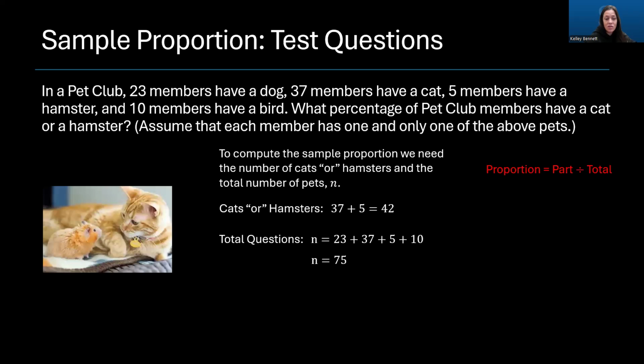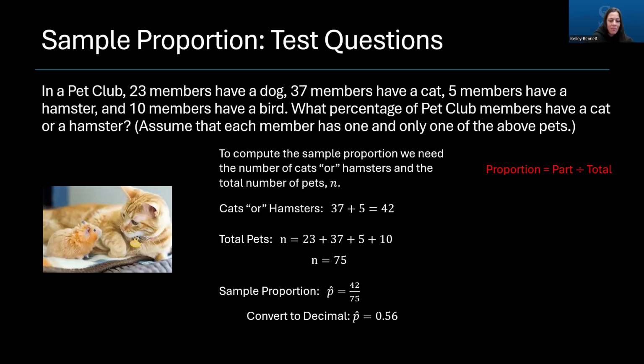So now that we have the total number of cats or hamsters and the total number of pets, we're going to do some division. The division should be 42 over 75. That's going to give us our sample proportion, P hat. We need to convert that first to a decimal.